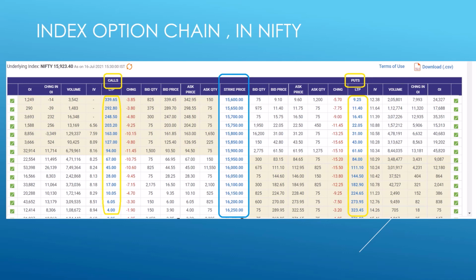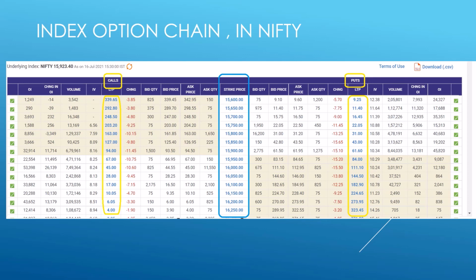And as you can see, 16,000 and 16,100 put options are trading at a very high price. That's because the market is trading at a considerably lower level than this particular strike price selected. Let's say for example 16,100, the value of put option is 182 rupees.